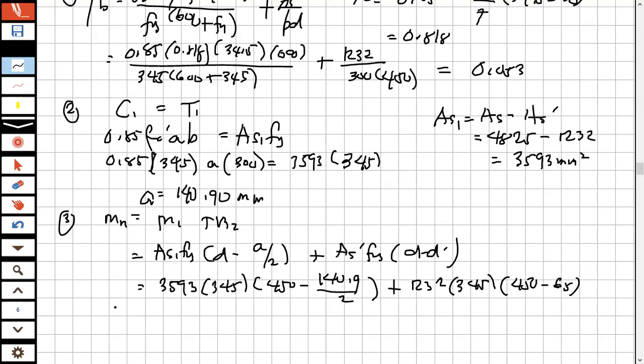So in other words, we have here Mn or nominal moment equals to 634 times 10 to the power of 6 Newton millimeter or 634 kilonewton meter. Okay, so I think this is enough for a doubly reinforced beam, unless you have some questions.